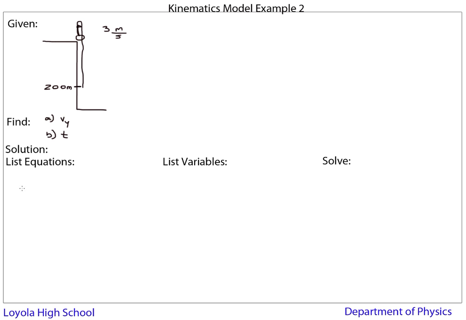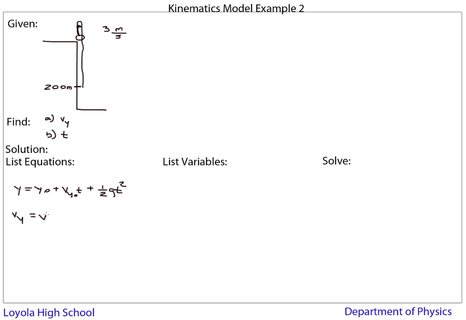So this is a kinematics model problem, so we're going to follow the same 3 steps we did before in the first example, except since this is up and down motion, we're going to use the variables y instead of x. So y equals y0 plus vy0 t. Again, that subscript 0 means at time equals 0, plus 1/2, and we're going to use a special acceleration, the gravitational acceleration, which is g, which has a specific value.